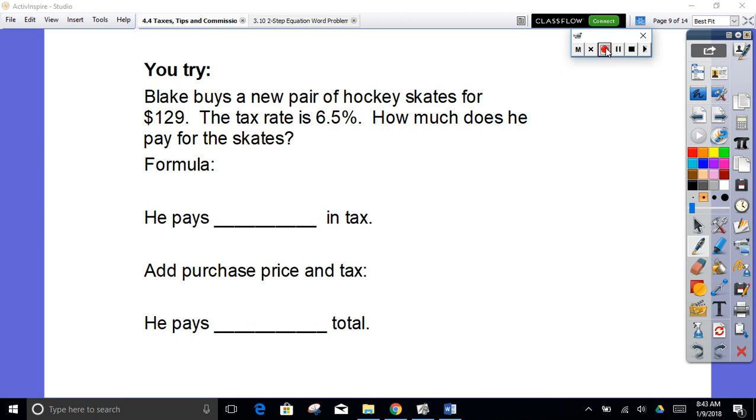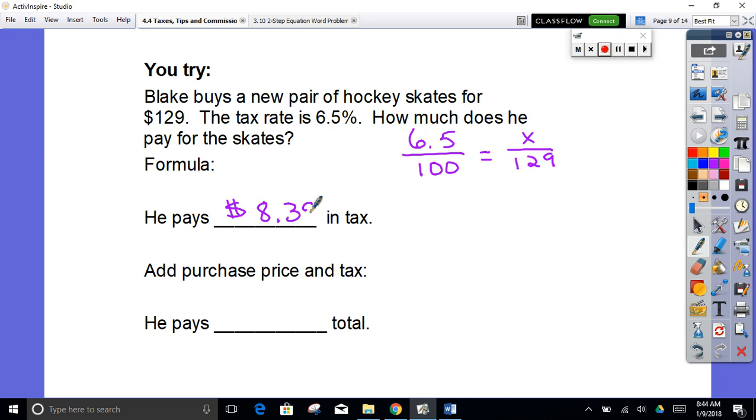6.5 over 100. Okay. Equals x over 129. Okay. And then what did you get for x? X equals 8.385, which I just rounded to 8.39. Good. $8.39.